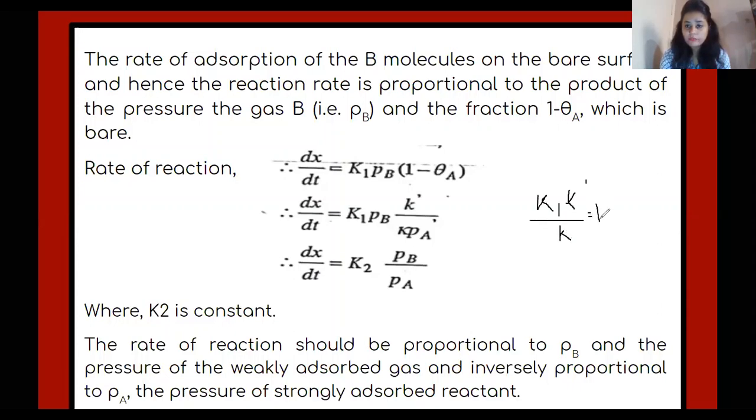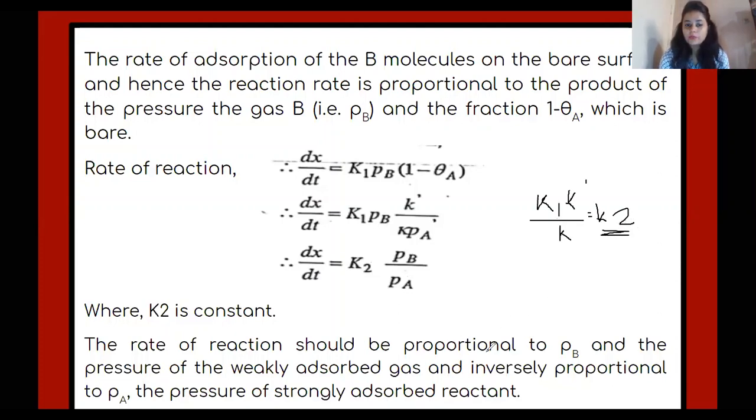So instead of a lot of proportionality constants in one part of the equation, we can simply substitute them by one K value, which is K2 in this case. So this equation turns out to be K2 into Pb upon Pa. These were all proportionality constants, so obviously in totality, K2 will also be a proportionality constant.